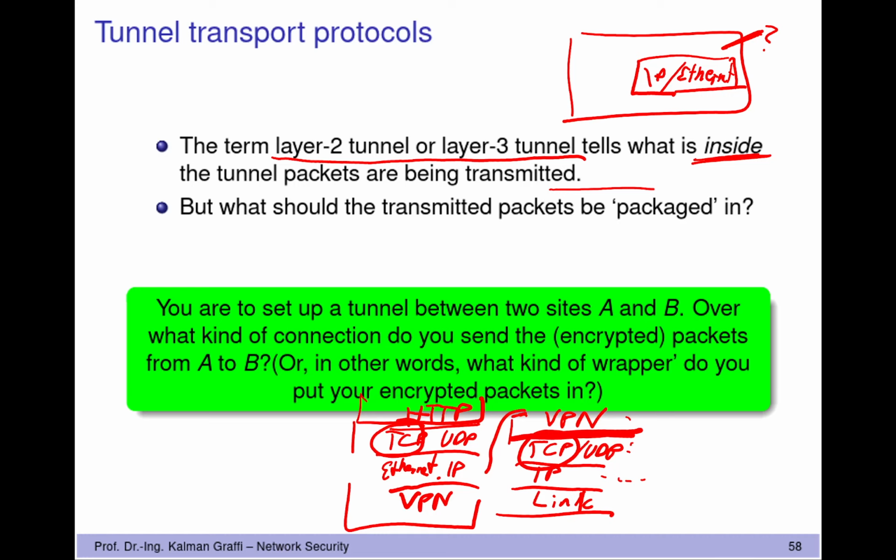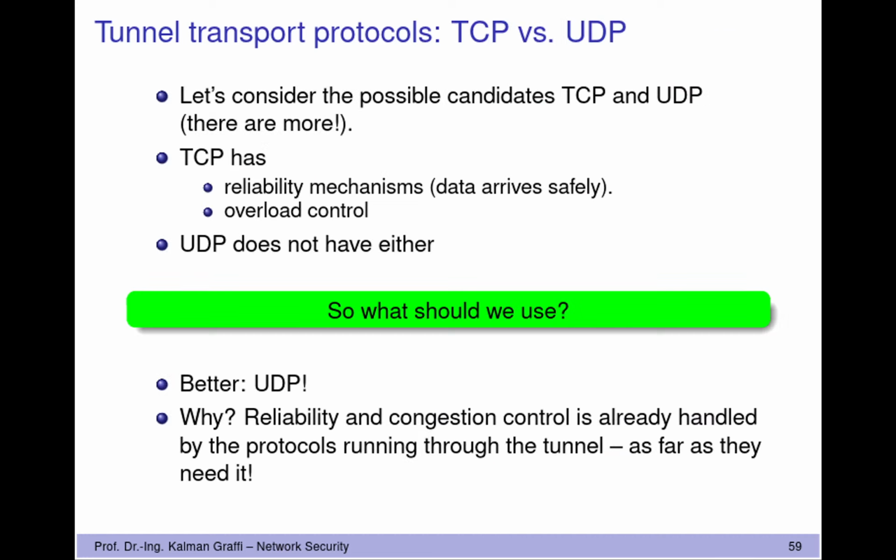So actually, TCP has all these nice benefits. UDP doesn't have that, but it's sufficient to have it once, because if you have it twice, there might be problems, especially through double resending and reorder issues.